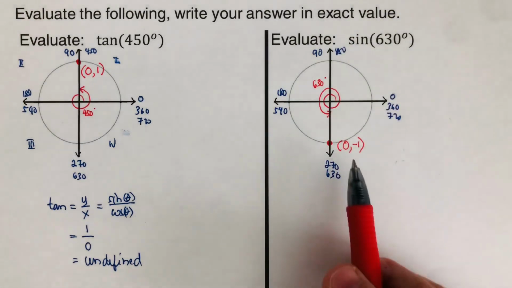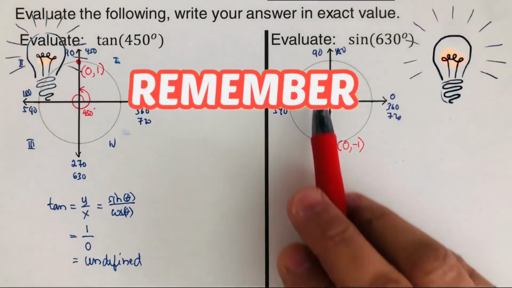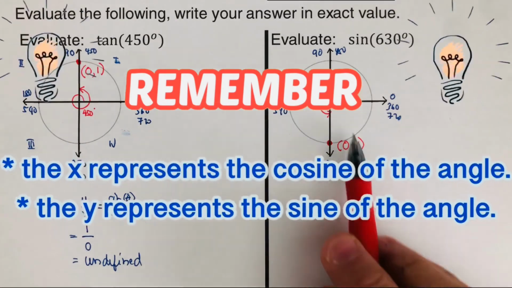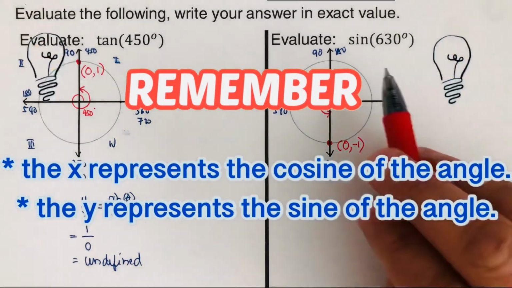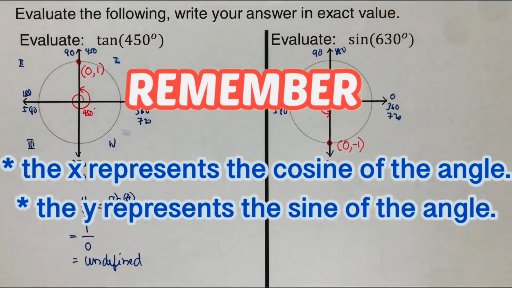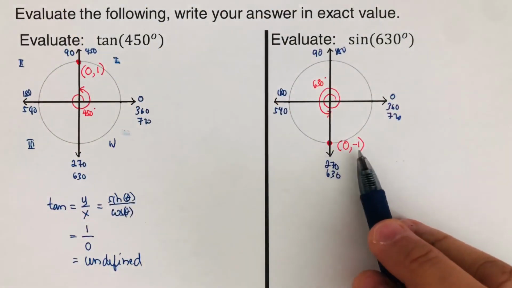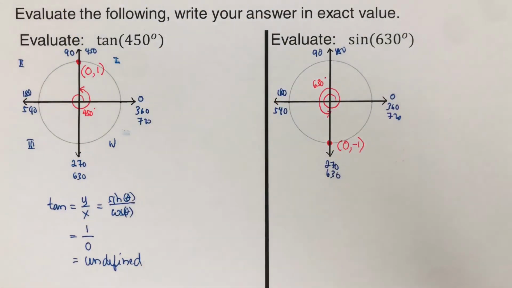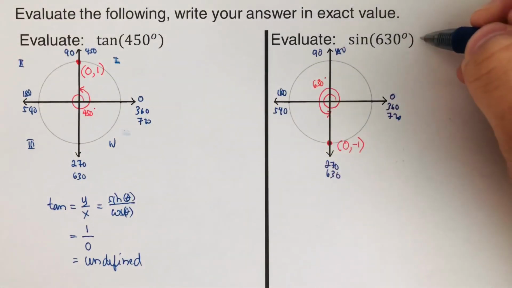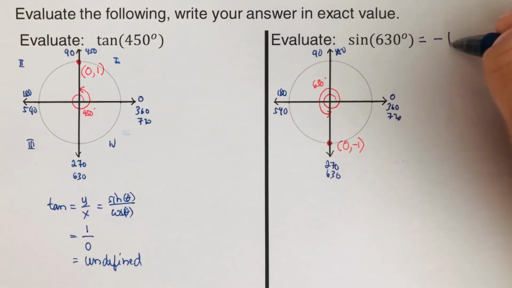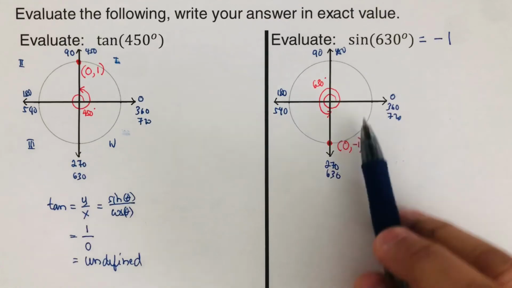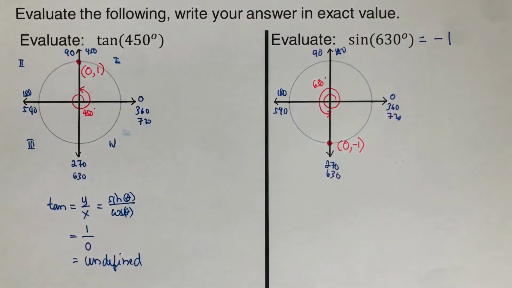We remember that this is the cosine of this angle and this is the sine of this angle right here. But we wanted sine 630. So we use the y value, which is negative 1. So the value that we're going to write here would be negative 1, because again, the y value represents the sine of that angle.